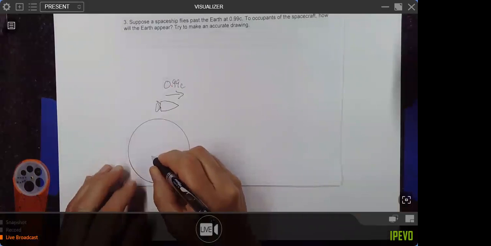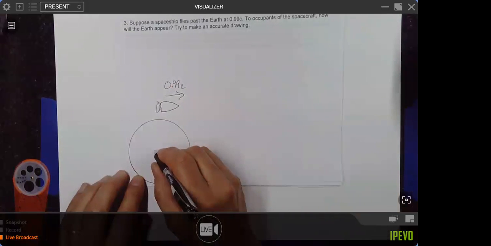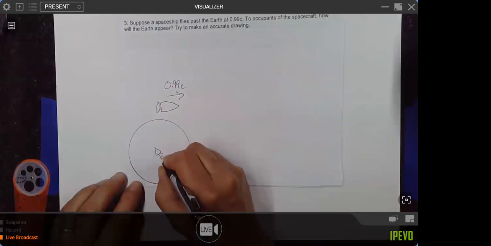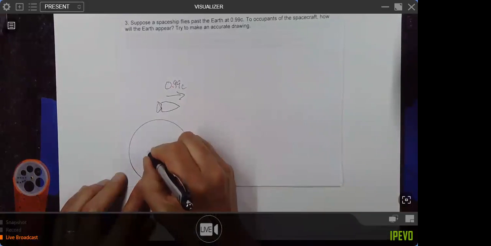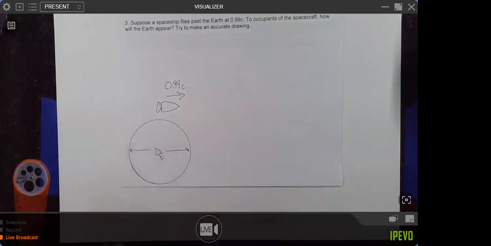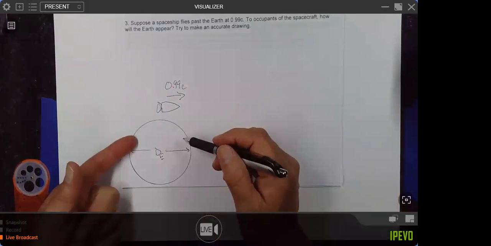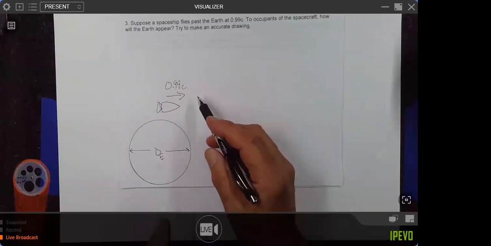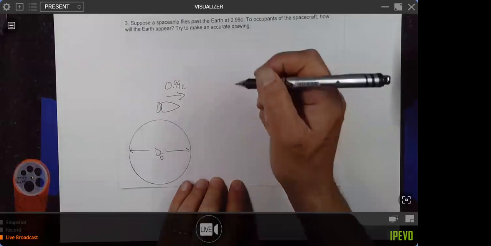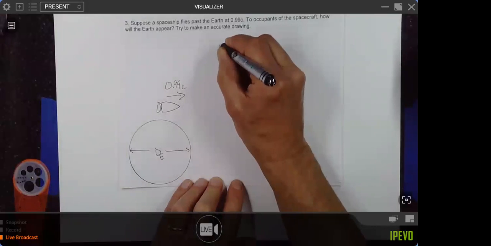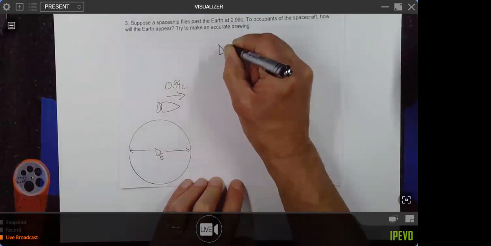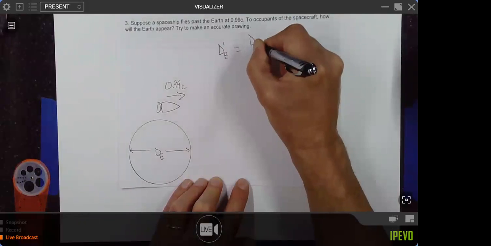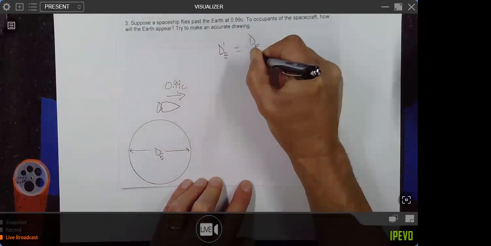Now, we have our regular diameter of the Earth, so that's the 12,740 kilometers. And that's what it would ordinarily look like to someone who's not moving at an extremely high speed with respect to it. But then they will see a shortened length, and for them, they'll see a diameter of the Earth, d prime, which is going to equal the rest diameter of the Earth divided by gamma.